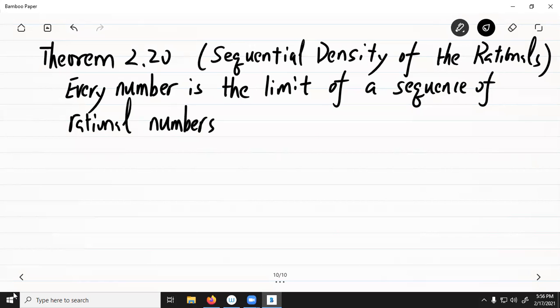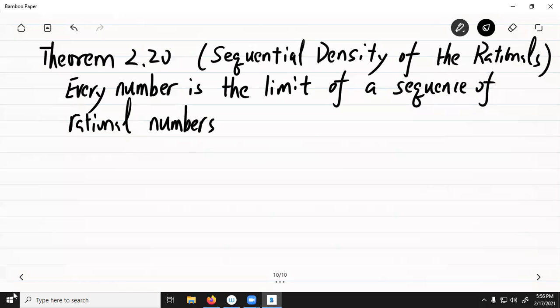Just one sentence, because it is a direct result from the previous proposition, Proposition 2.19.